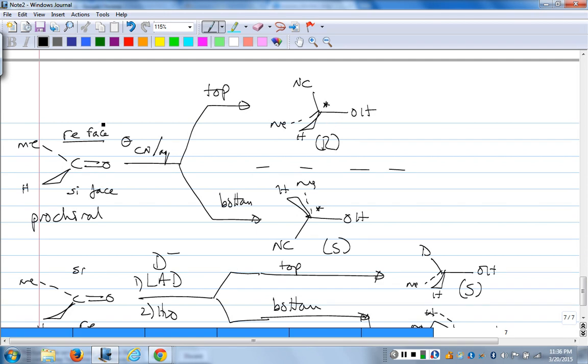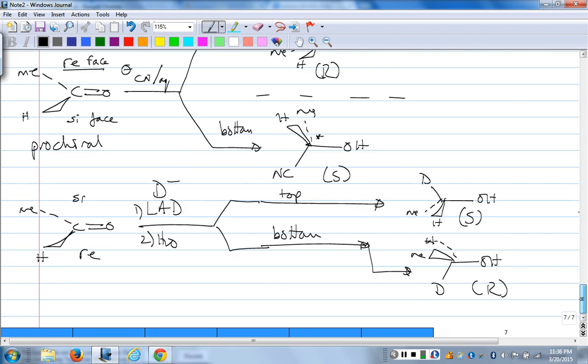That is therefore defined as the Re face for that reaction. Top attack by deuteride on the same face gives rise to the S compound. That is therefore defined as the Si face for that reaction. So the face is defined as Re or Si more based upon the reaction, incorporating both the substrate and the nucleophile, than it is by the substrate alone. You can't do it in isolation.